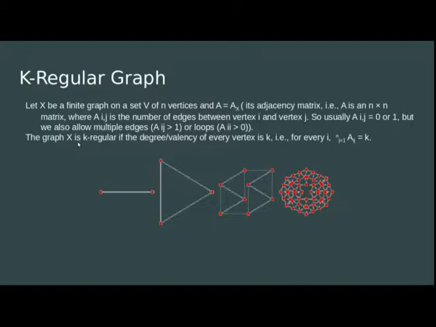Now the graph X is k-regular if the degree of every vertex is k, that is, every vertex has an equal number of neighbors, which is k. These are examples of k-regular graphs: this is a 1-regular graph, this is a 2-regular graph, and so on.